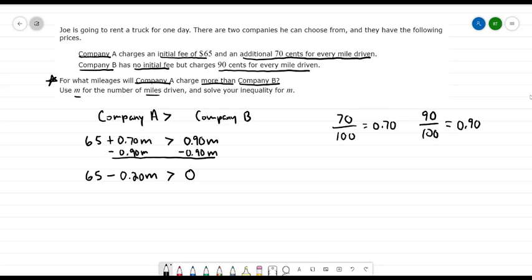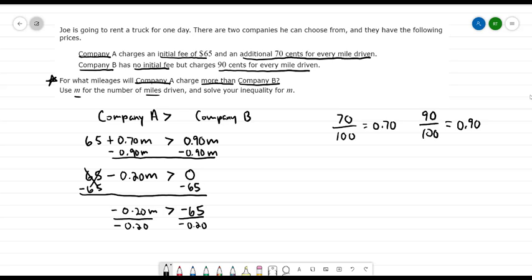Next, I'm going to subtract 65 from both sides, because we're, again, solving for M. So let's get rid of this. We're left with, don't forget the negative, negative 0.20 M greater than negative 65. Last step, divide both sides by negative 0.20.